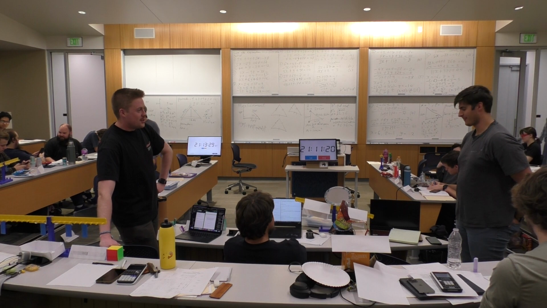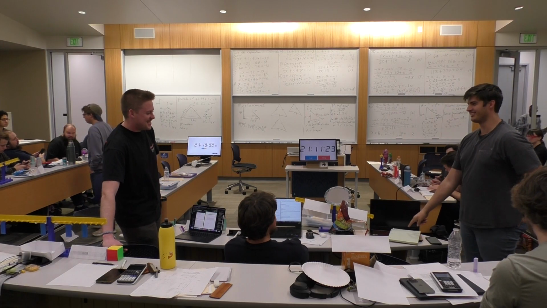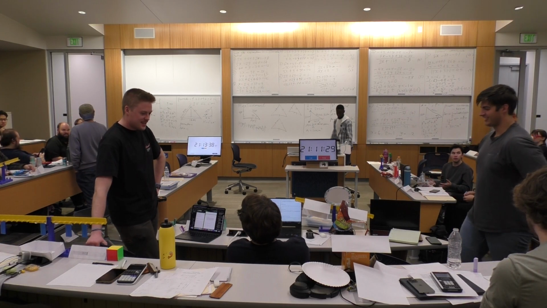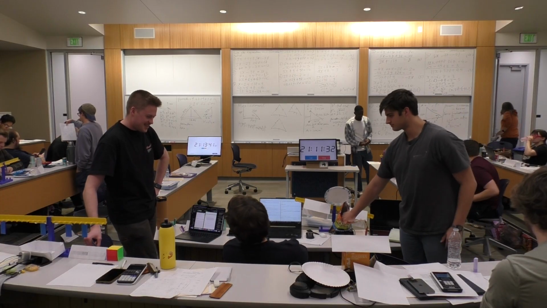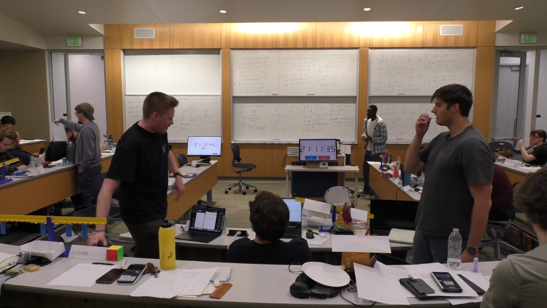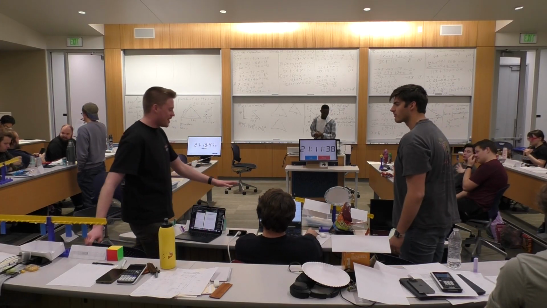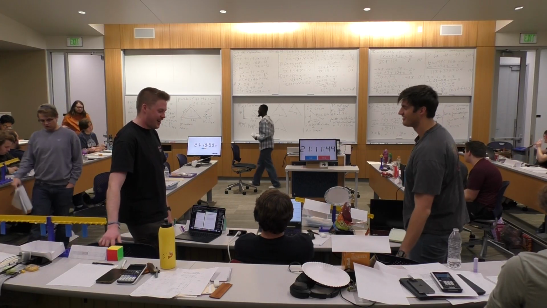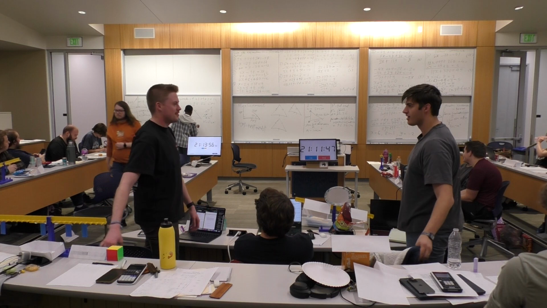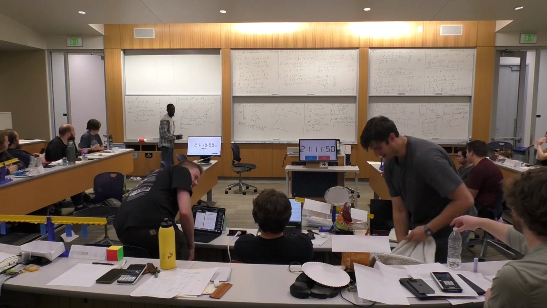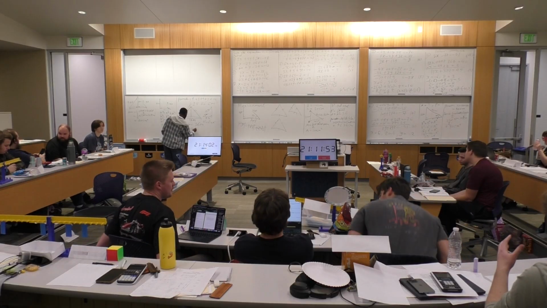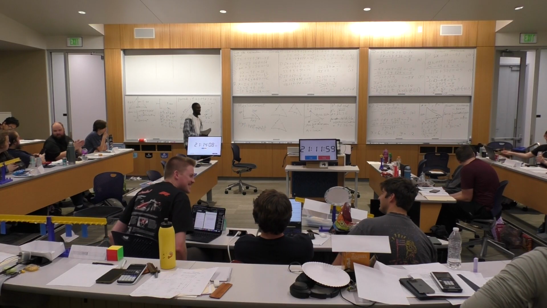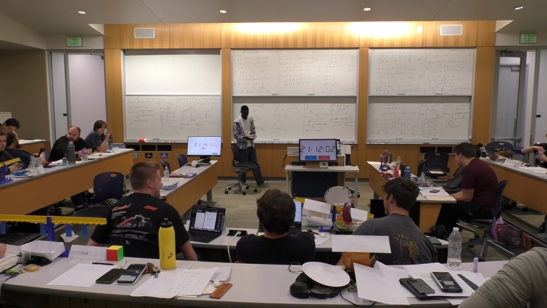Okay, so what's our perimeter? 36 meters. What about area? 48 meters squared. Oh, I did, it's the same. Dang it.